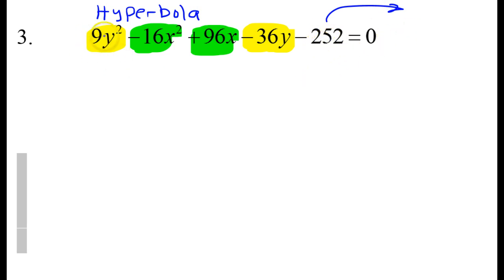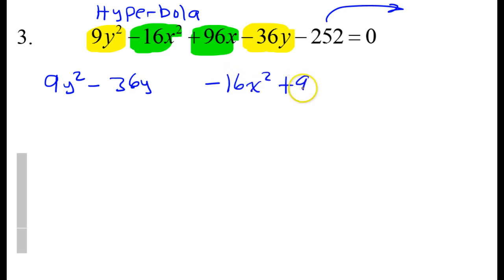I'm going to make sure that the positive squared term is first. So I'm going to put the 9y squared first instead of the -16x squared. So next comes -36y. And now I will put my x terms. So negative 16x squared plus 96x equals 252. All right, I added that to both sides.